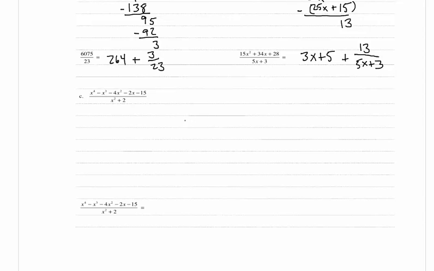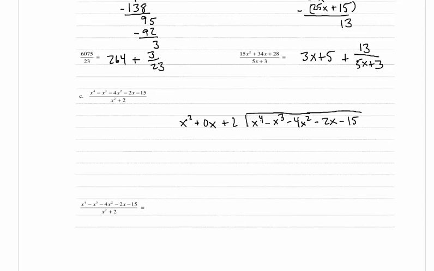So we're going to write this as x squared plus 0x plus 2, division sign, and then inside the division sign we're going to have our dividend, which is x to the fourth minus x cubed minus 4x squared minus 2x minus 15.